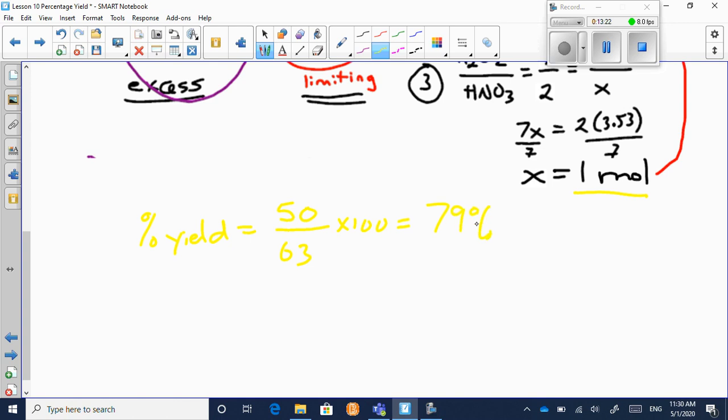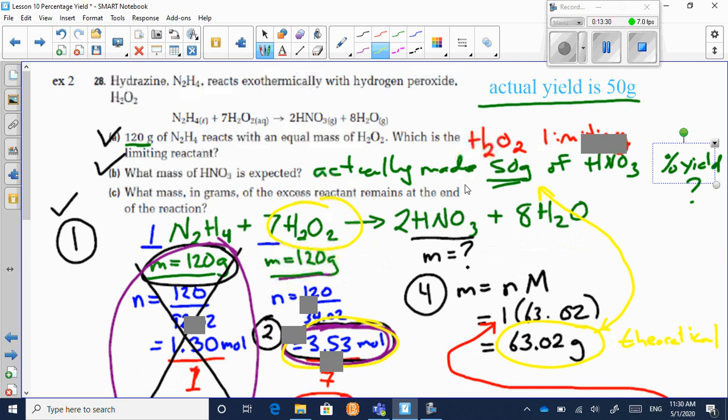Okay, so that's all that would change. Everything is the same as we did yesterday in the lesson, except that they'll give you this one little extra piece of information. If you actually made this, what's the percentage yield?